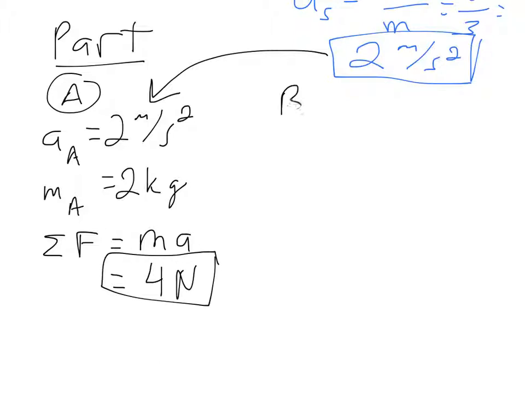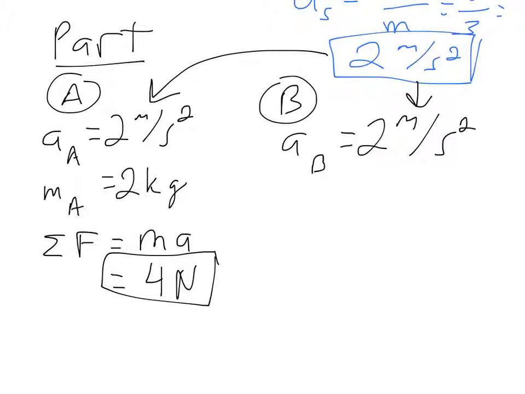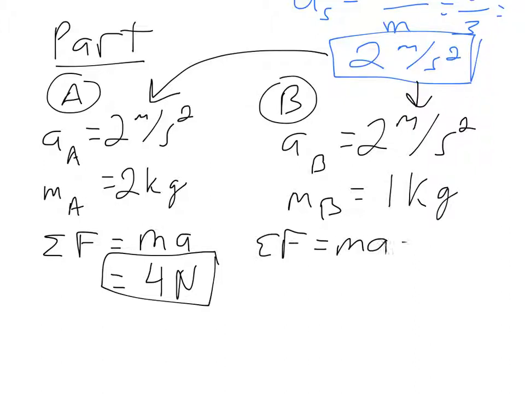We could also look at part B. The acceleration of B, being part of this system, is the same as every other part of the system, 2 meters per second squared. The mass of B is just 1 kilogram, and so the net force is ma. That's 2 times 1, or 2 newtons.